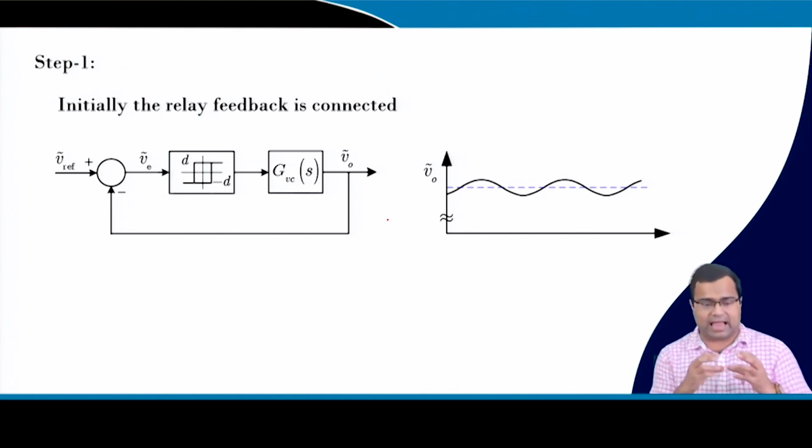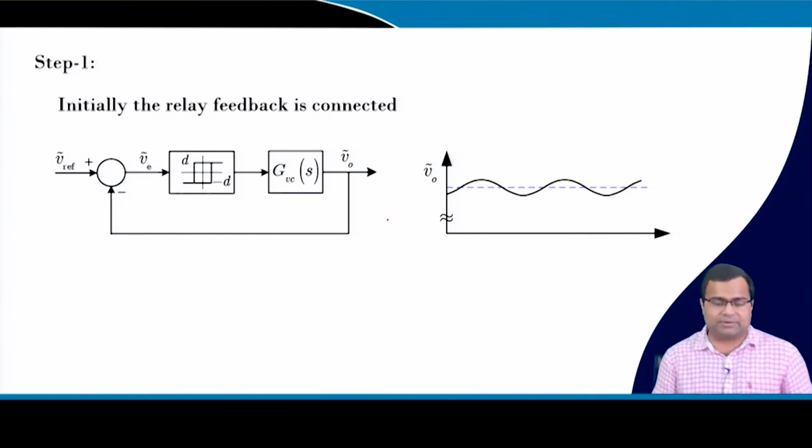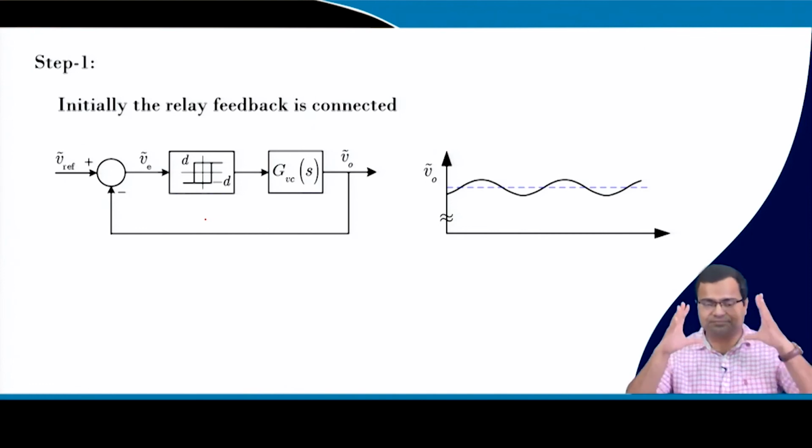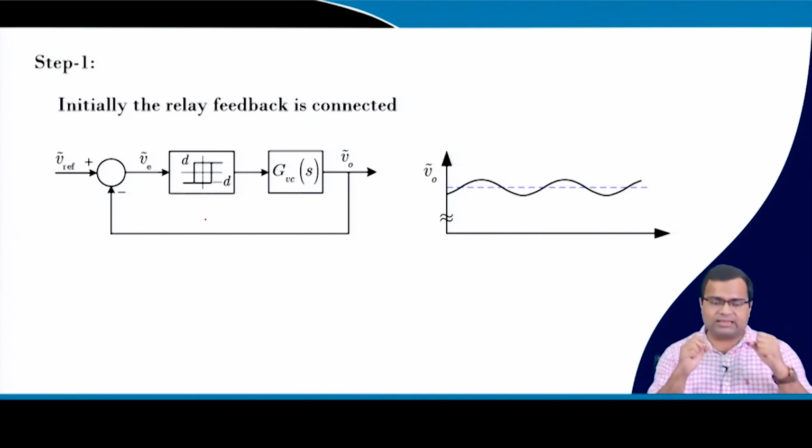You need to make sure that your relay DC gain is sufficiently high, so that the input amplitude of the relay is sufficiently large to go beyond the relay band. Then the analysis can be carried out using the describing function method and a generalized Nyquist stability criteria, which we are not going to discuss here.